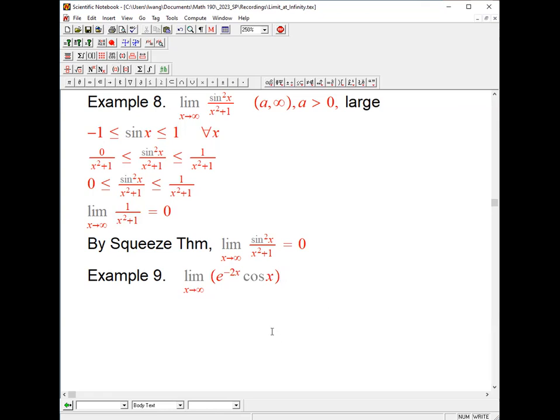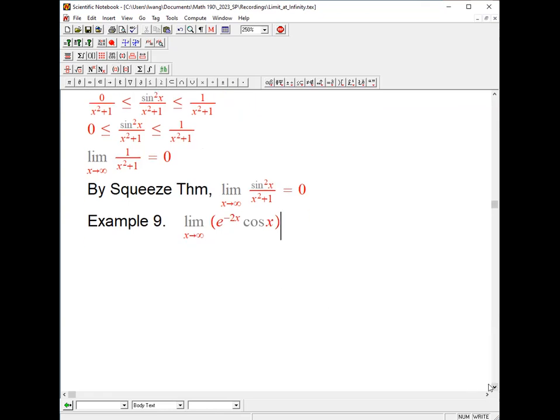What kind of situation is this? Well, we cannot separately find the limits because the limit of e to the power negative 2x exists, but cosine x does not have a limit. It oscillates between negative 1 and 1. So we cannot apply the limit law of product. What do we do?